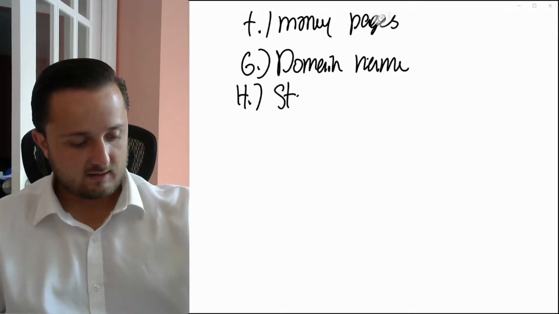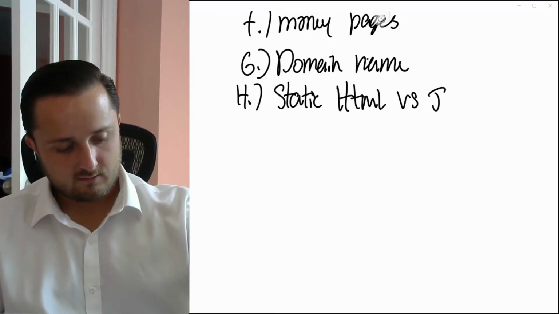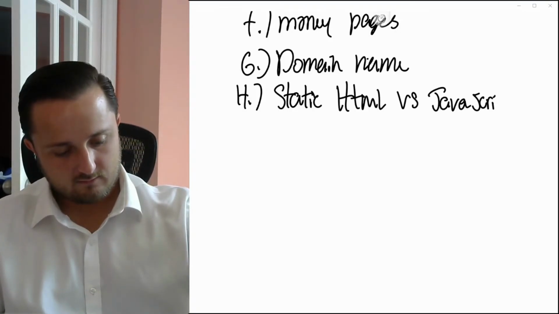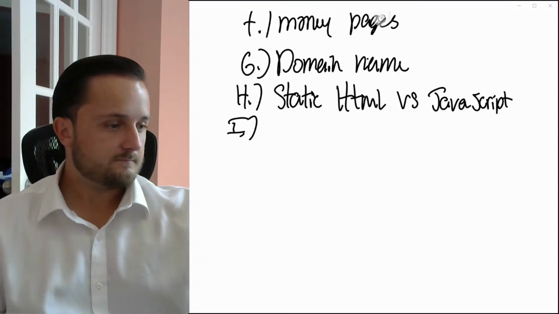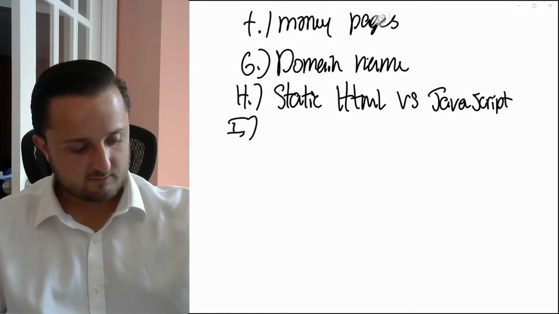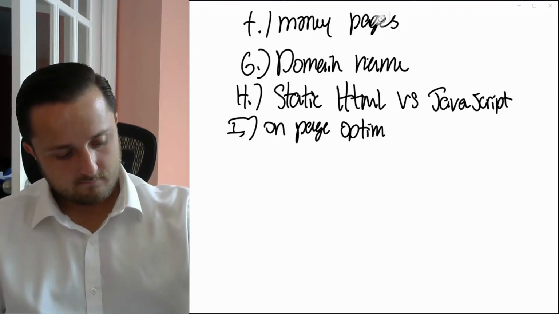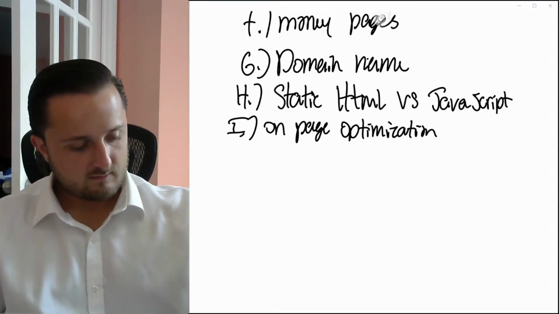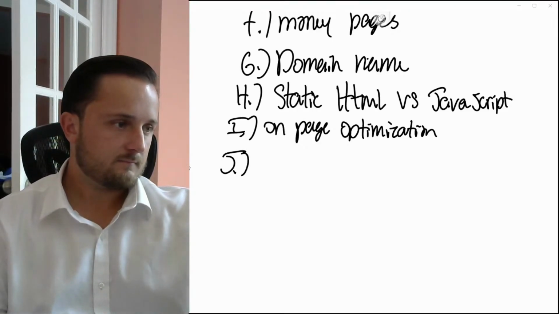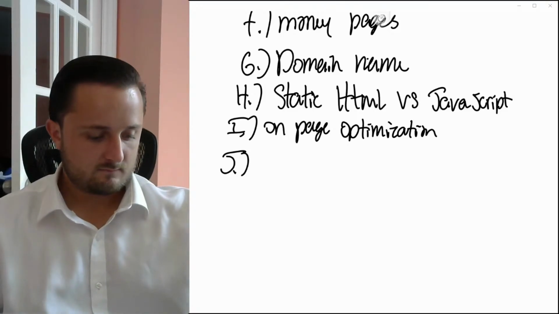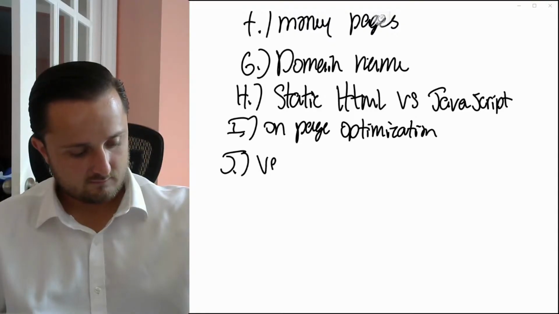Having a static HTML versus JavaScript. Then we're going to talk about doing on-page optimization. Then we will talk about vehicle and make pages.